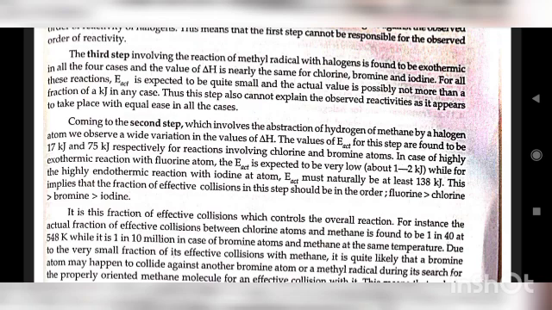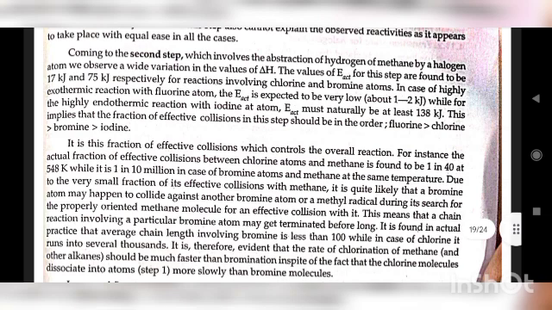Coming to the second step, which involves the abstraction of hydrogen of methane by halogen atom, we observe wide variations in the values of delta H. The values of E activation for this step are found to be 17 kJ and 75 kJ respectively for reactions involving chlorine and bromine atoms.